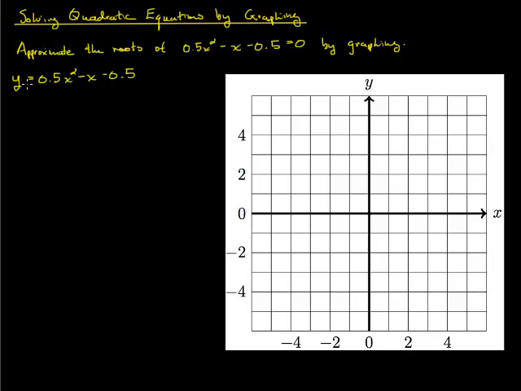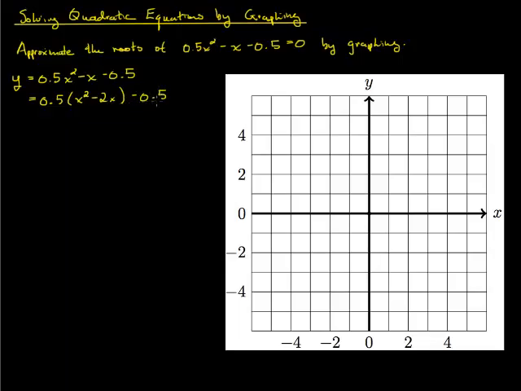So we can graph y is equal to 0.5x squared minus x minus 0.5 by completing the square and rewriting it in vertex form. So the first step to doing so is to look at your a coefficient and factor that out of the quadratic term and the linear term. Thus you get 0.5 times x squared minus 2x minus 0.5.